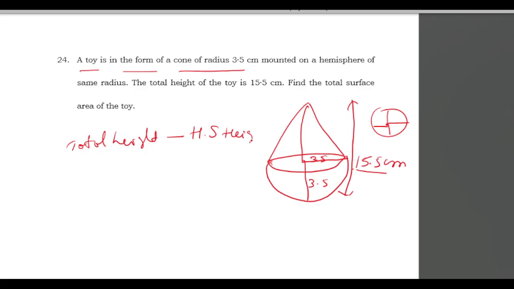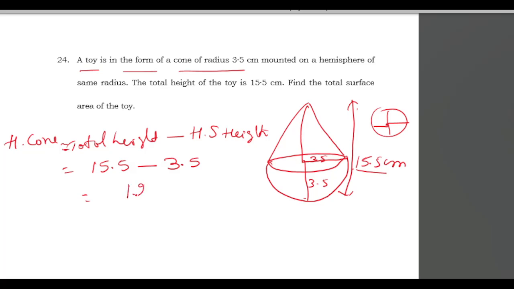If you subtract, you will get the height of the cone. Height of the cone equals total height minus hemisphere height, which is 15.5 centimeter minus 3.5 centimeter. If we subtract, we will get 12.